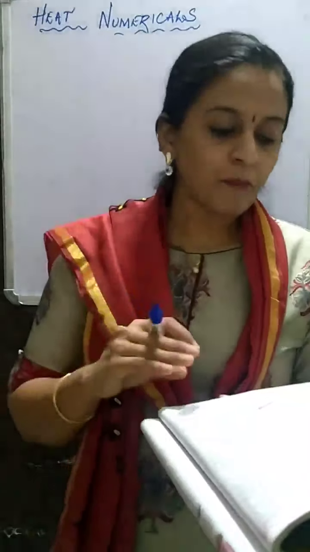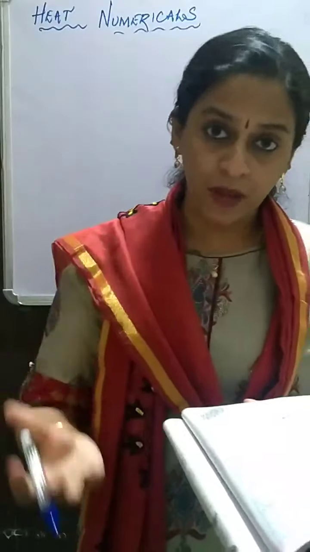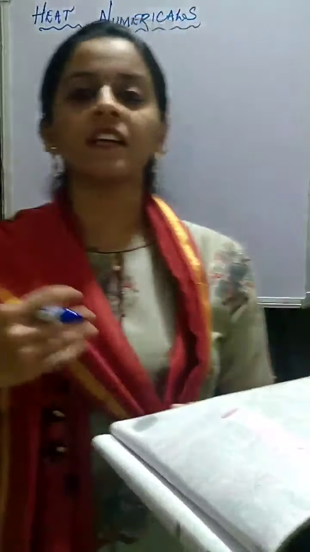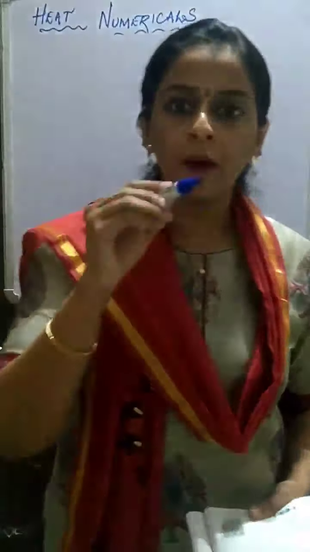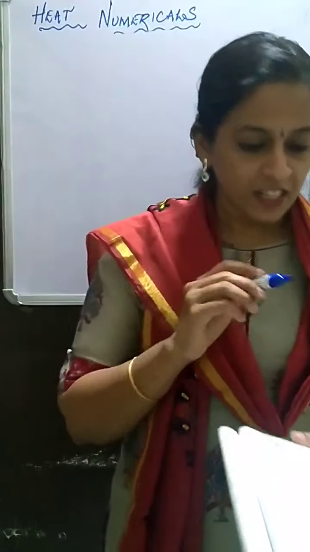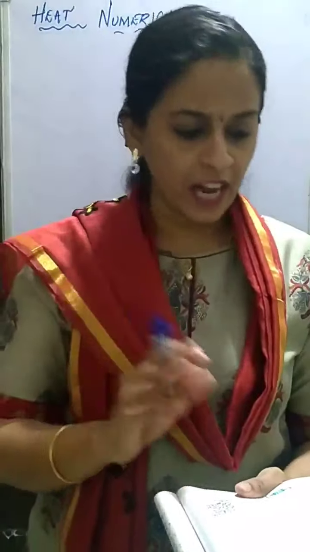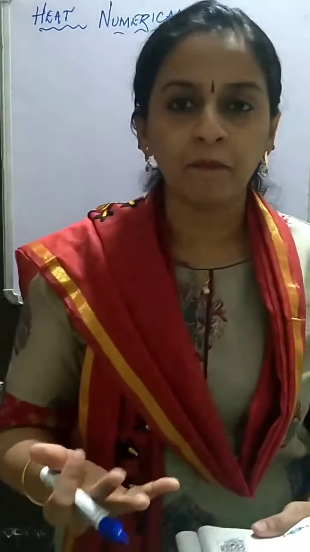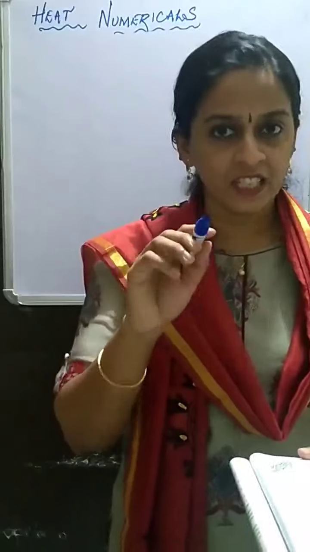If they say that temperature was increased from 30 to 100, what is the change in temperature? 100 minus 30, 70. Here you need not do all that. Already they have given the increase. Increase in temperature is denoted by delta T.